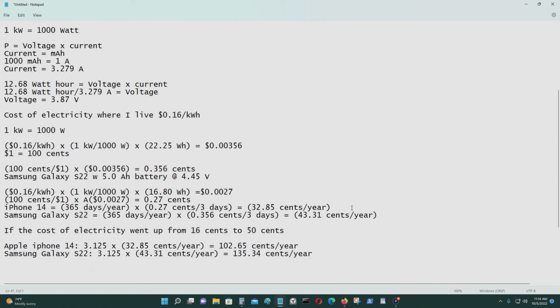At the current rate, it would cost you about 32.85 cents to charge your iPhone 14 for a year.